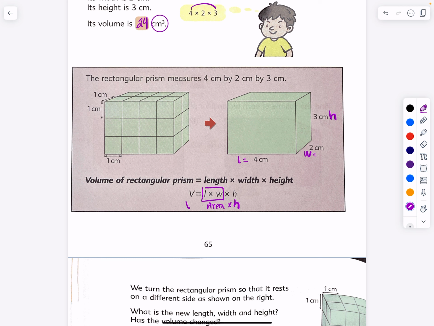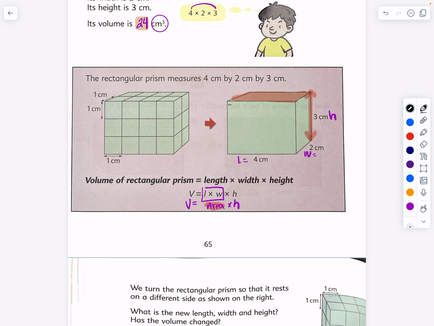So the volume is length times width times height. But we can also say it's the area of this front face, taken 3 centimeters. How would we think about it?